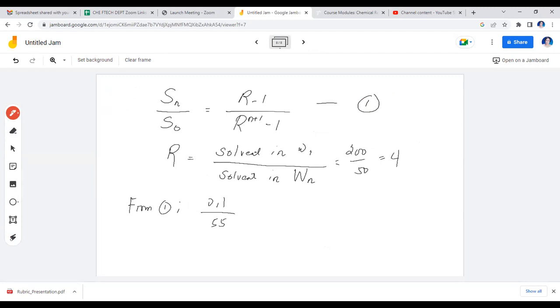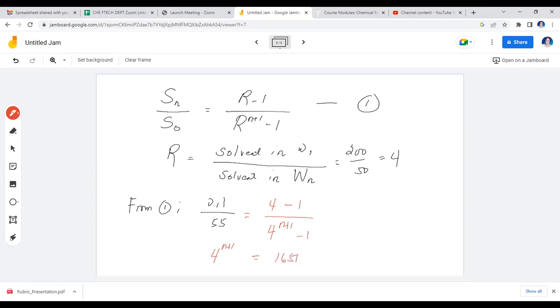Then we can just substitute. So you have 4 minus 1 divided by 4 raised to n plus 1 minus 1. Now you will tell me that you will shift solve again, but you can solve this analytically. So this is 3.1 divided by 0.55. You transfer it here, so you will have 4 raised to n plus 1 equated to 1,651.